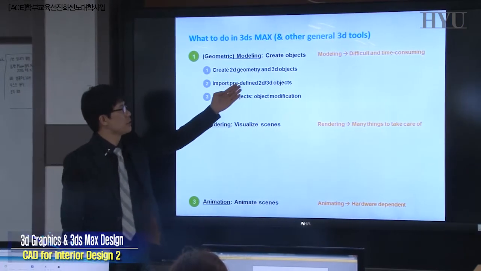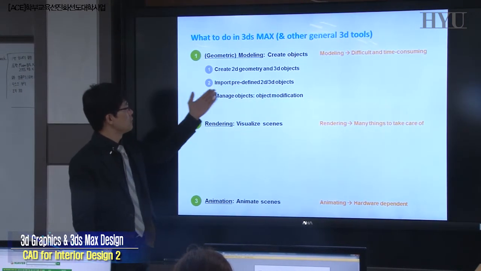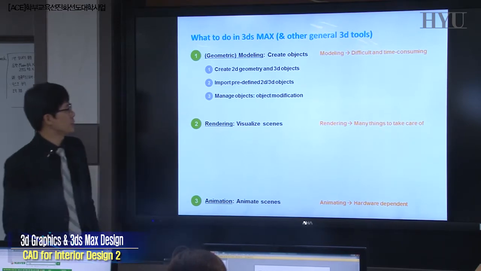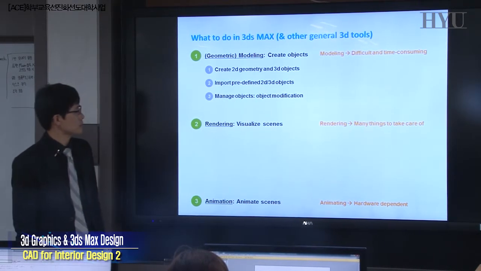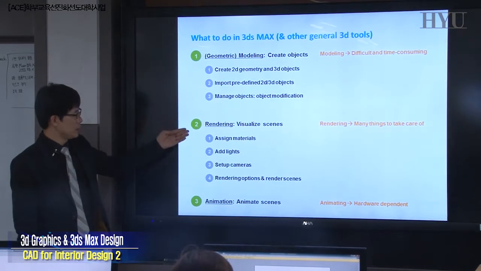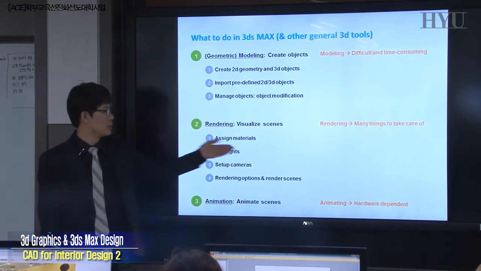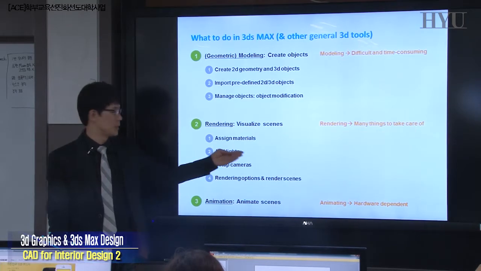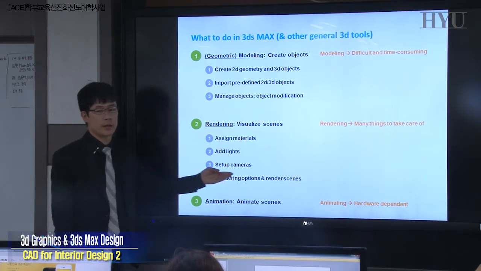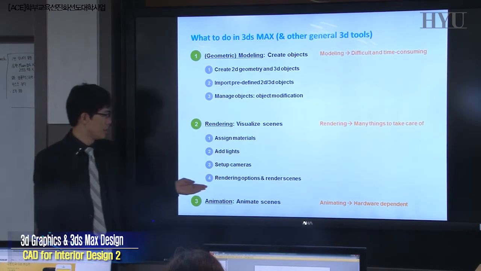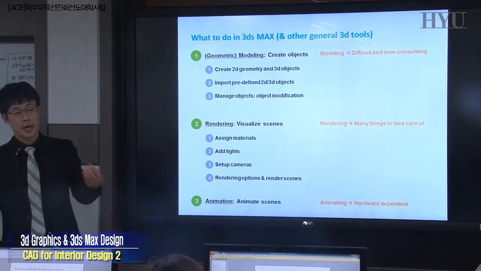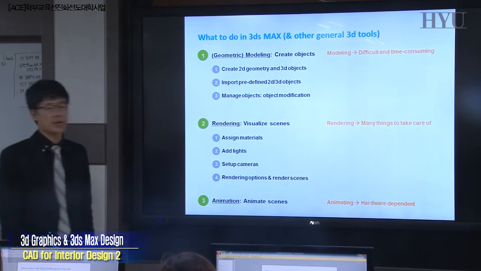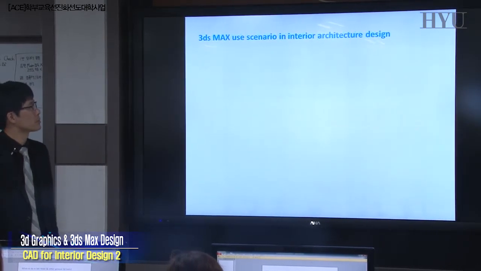Create 2D geometry and 3D objects. Import predefined 2D, 3D objects and manage them, modify them. In rendering, you have to take care of materials, take care of lights, even cameras, and a number of render options, so that you can get the high quality final image.